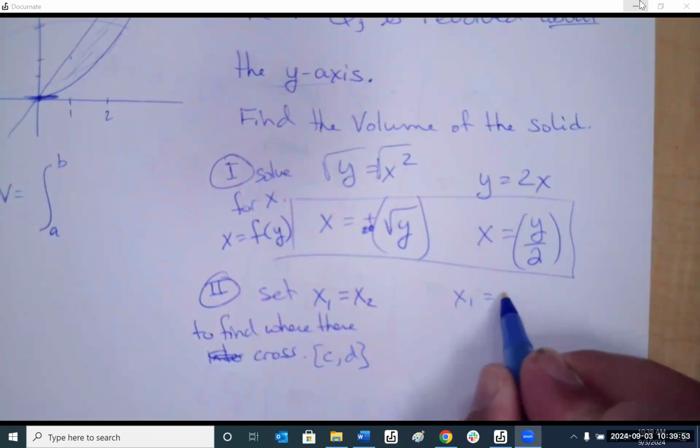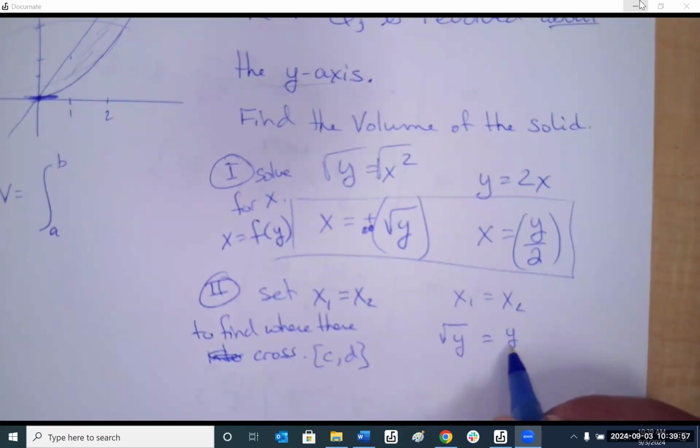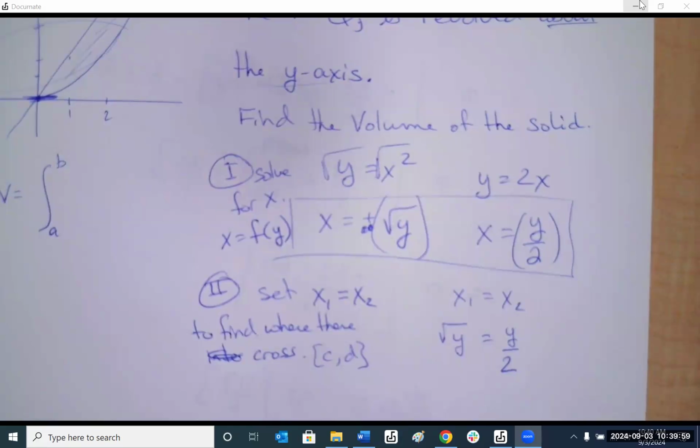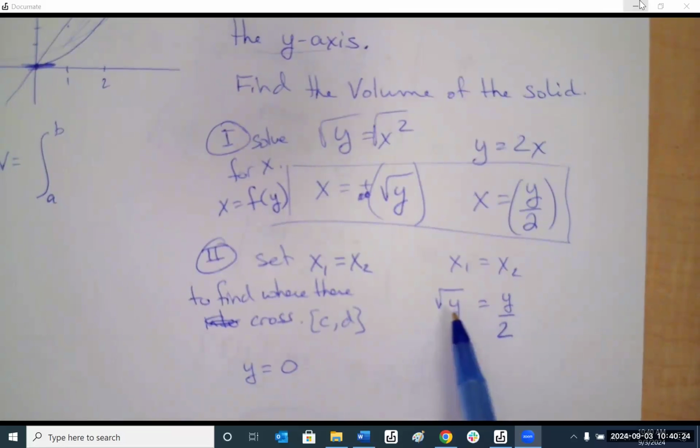So x1 equals x2, square root of y equals y over 2. We know they're going to be equal at 0. X is 0, they're both equal 0.